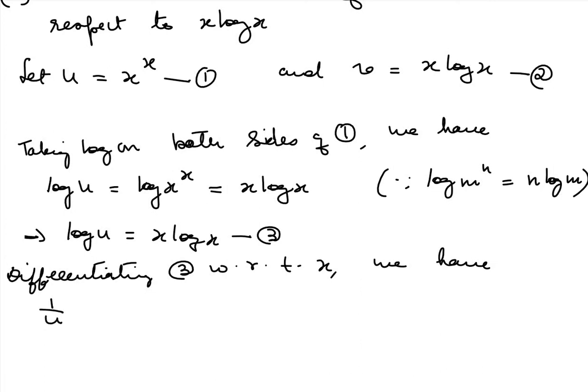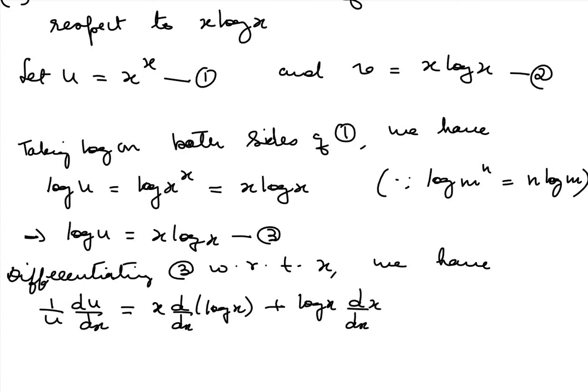It will be 1 by u, since it is with respect to x, so du dx, and this will be equal to differentiation of x log x. So you can apply the product rule, so it will be x into d dx of log x plus log x into the differentiation of the first function, that is x. So this implies that 1 by u du dx is equal to x by x plus log x.